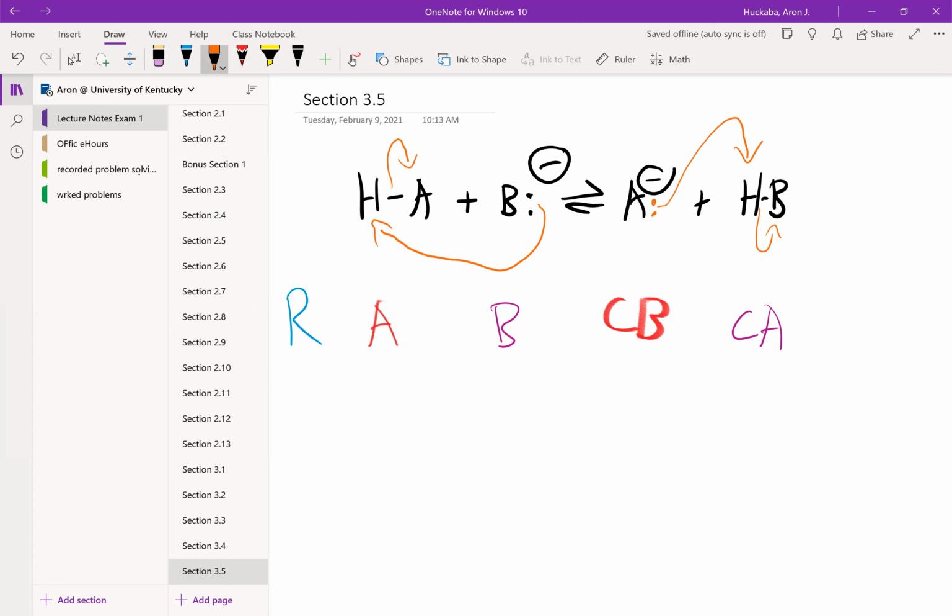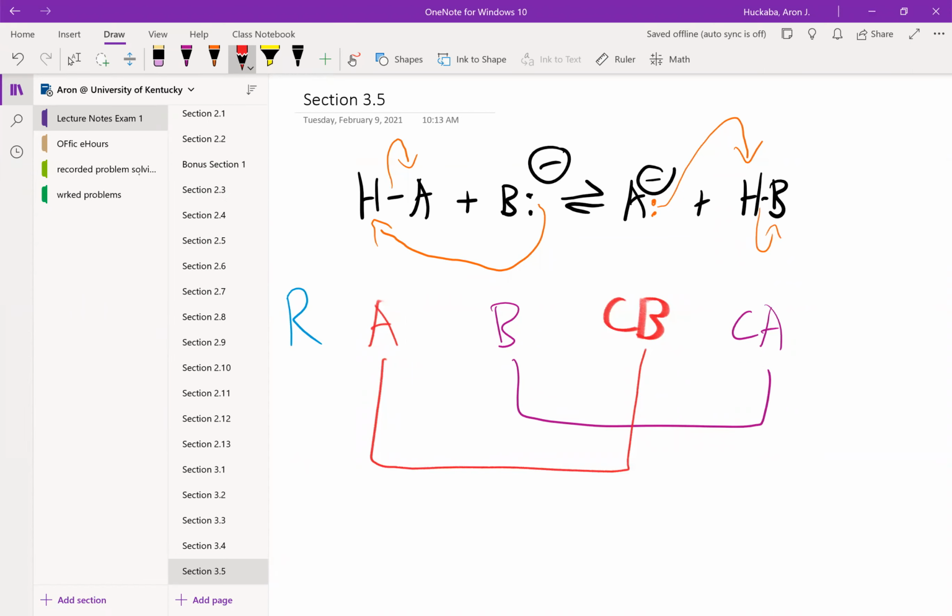All right, so now that we have the acid and base and conjugate base identified, now we can determine which basic molecule is actually the most stable. And by basic molecule, I mean we now have two sets of acid-base pairs, right? We have these two here, and we have these two now.